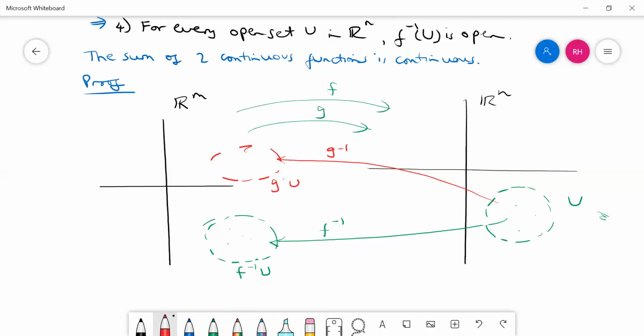Now here's g negative 1 of U, the pre-image of U. Okay, so we know that this set is open, or that's the assumption. Suppose this is an open set. What we're drawing on this is that this set here is open and this set here is open.